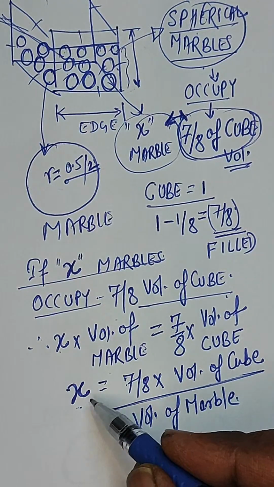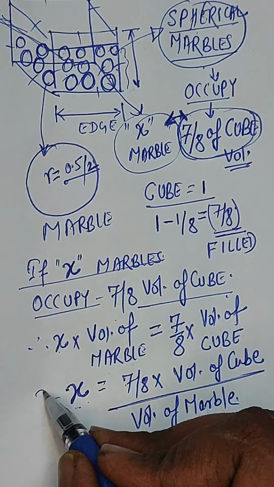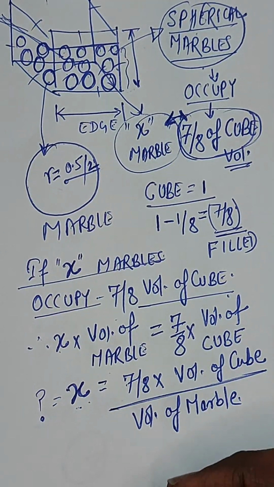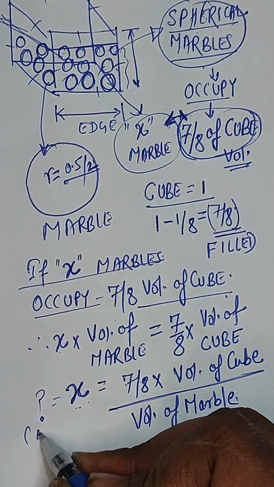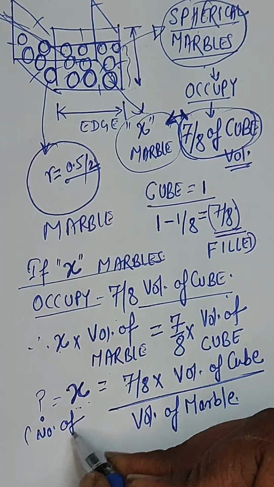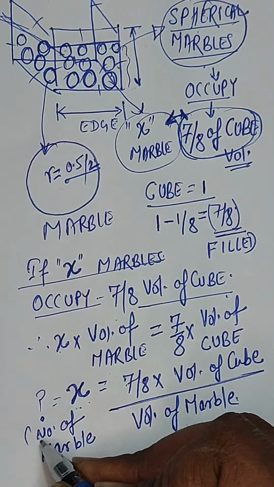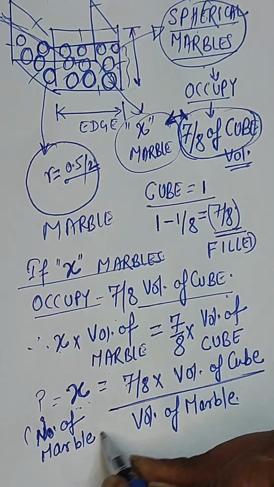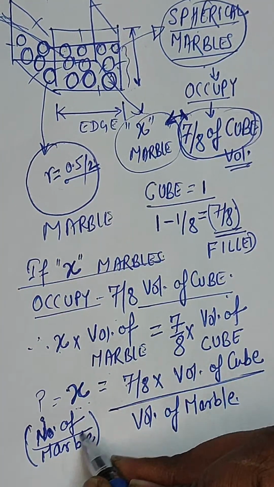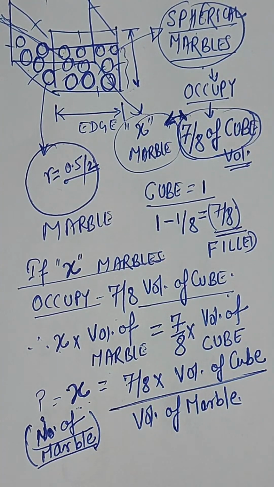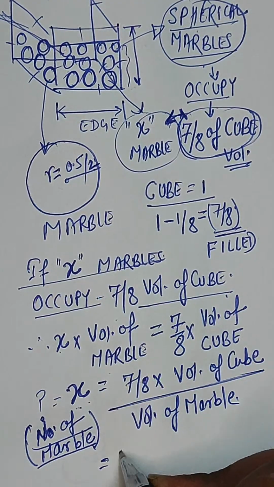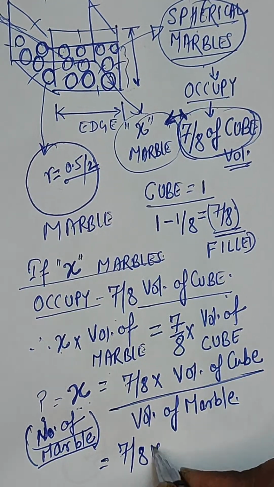So this needs to be found. What is the value of x, right? So x is basically the number of marbles.